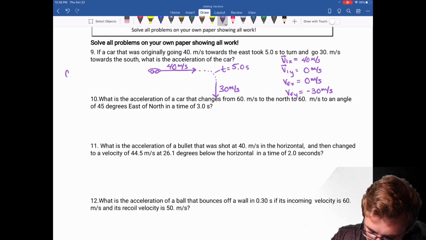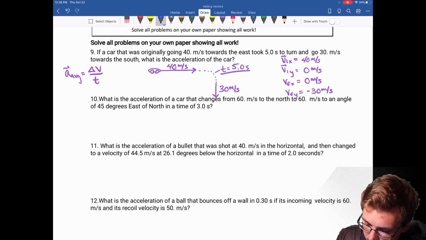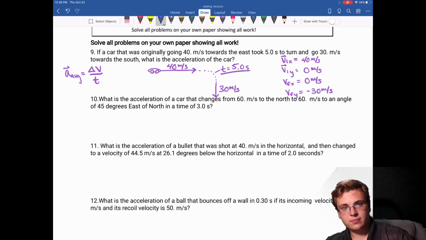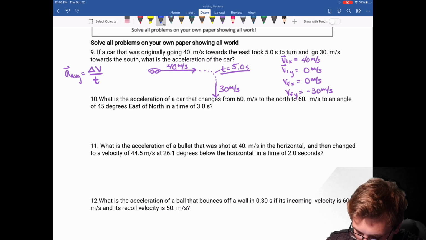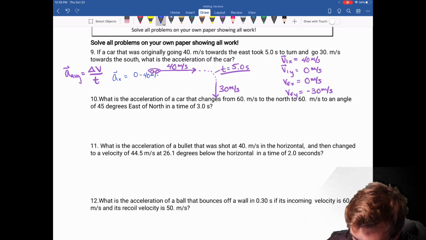So now we know our average acceleration equals our change in v over t. We know t equals 5 seconds. So when we plug this in, we can find our ax to equal 0 minus 40 meters per second over a time of 5 seconds.